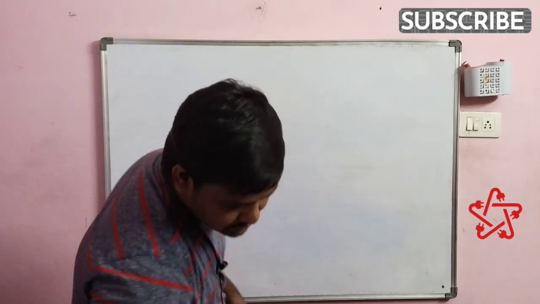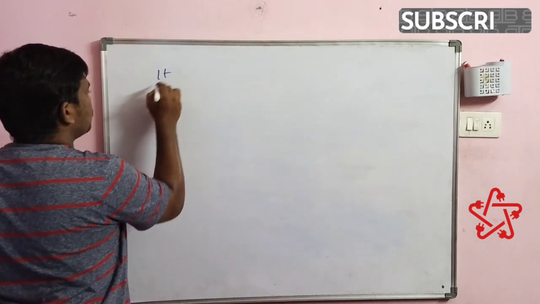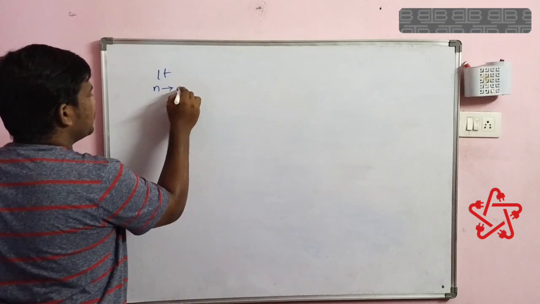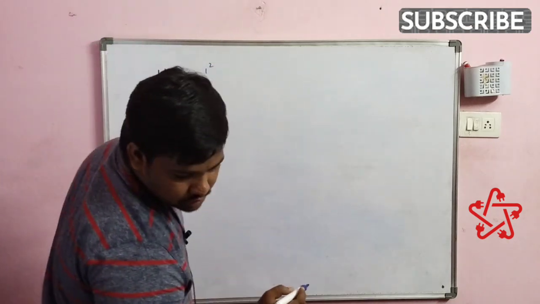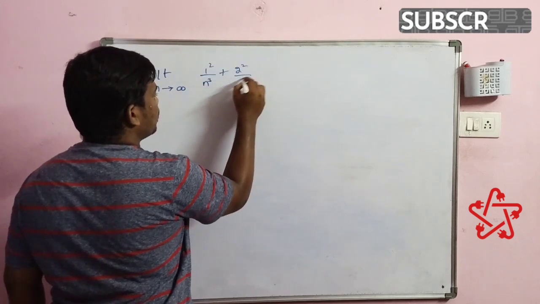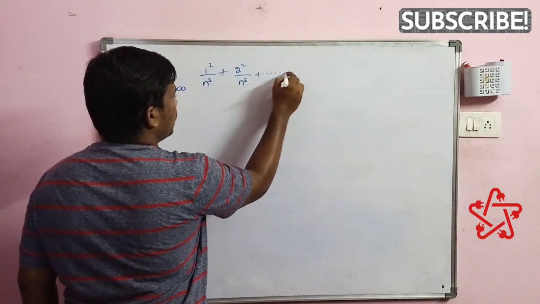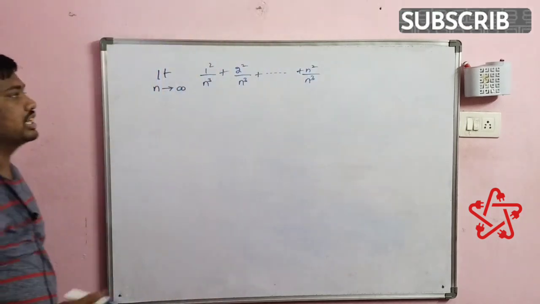The question is, limit n tends to infinity, 1 square by n cube plus 2 square by n cube plus so on plus n square by n cube. This is one of the questions he asked actually.